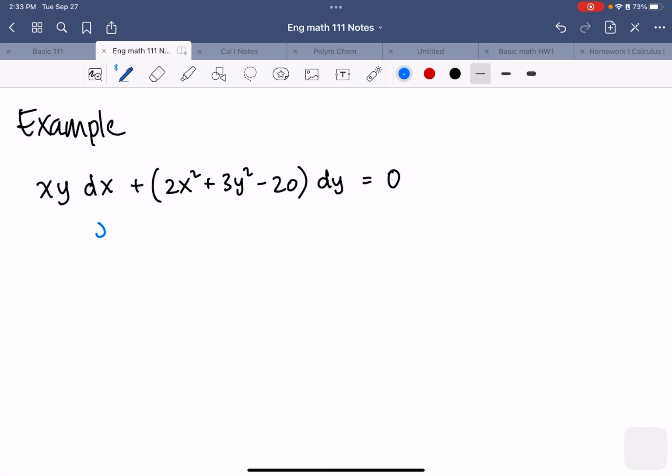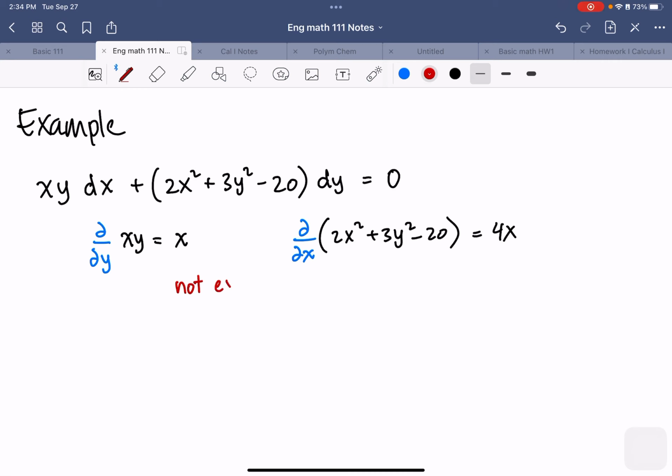So you can check first this, which will be x, and then the other part is this, so we have 4x. So we say that it's not exact. But now, because we know how to deal with the integrating factor to multiply this equation to be exact, we can try some trials.